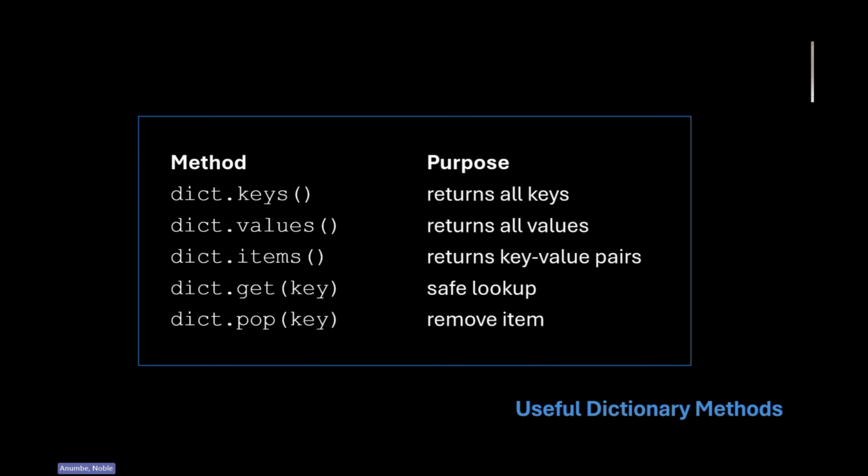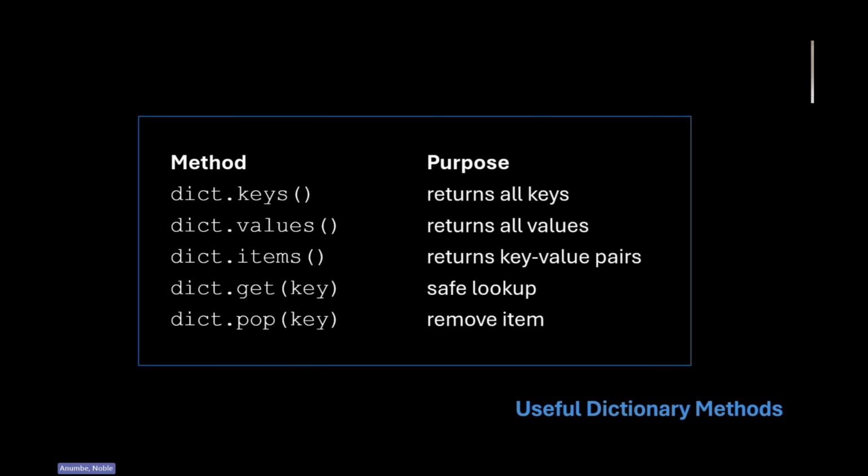As in other data structures that we have dealt with in the past, a lot of data structures have methods in them. A method is a type of internal function that helps you do something to a data structure.